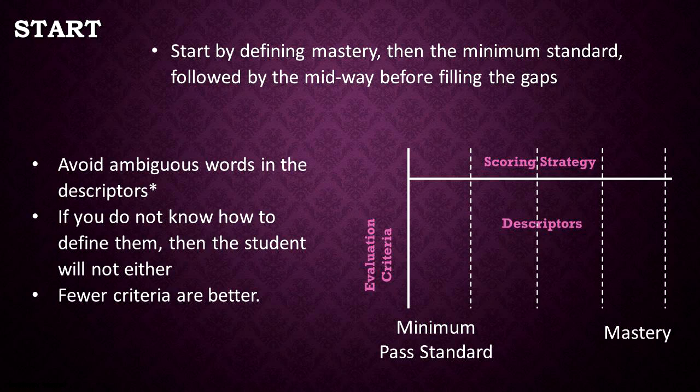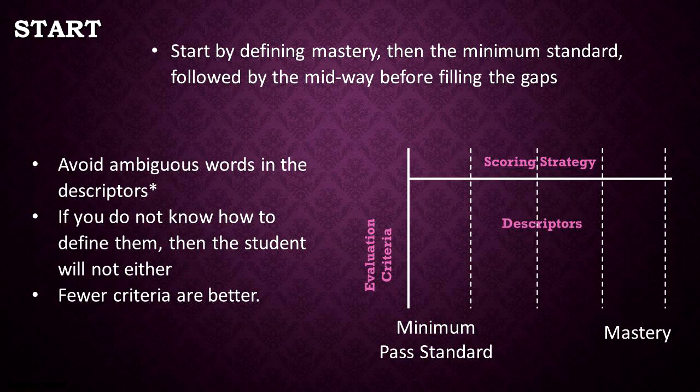So a rubric on its own, even an excellent one, has limited value unless combined with an exercise where students have the opportunity to explore it. If you're struggling to think how to define one of your evaluation criteria, then it's pretty obvious that the student will have no idea either. If you can't define it, then the student will not be able to define it either. And perhaps that means it should not be an evaluation criterion.